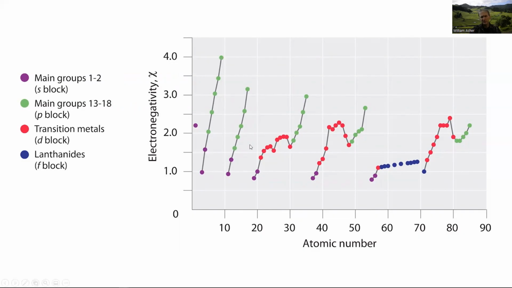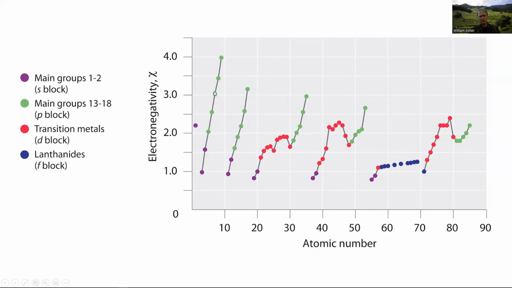And again, you can see that this electronegativity goes up generally along a period until it peaks at the halogens. And then you drop, and they don't have electronegativities for the noble gases on here for some reason, which I don't understand, but they should. But this is the peak of the halogens, right?